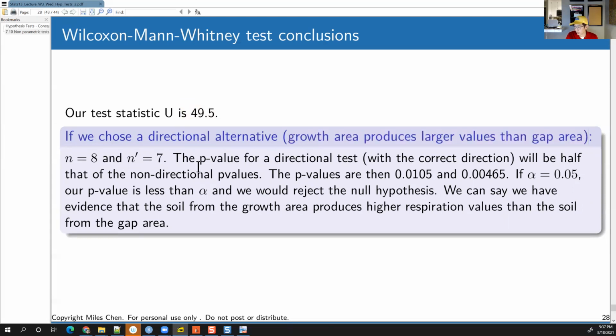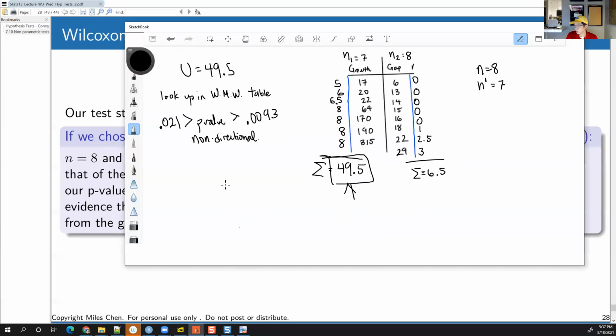We check the p-value for a directional test, and we take these numbers and divide them in half. So 0.021 divided by 2 gives me 0.0105, which is my directional p-value.